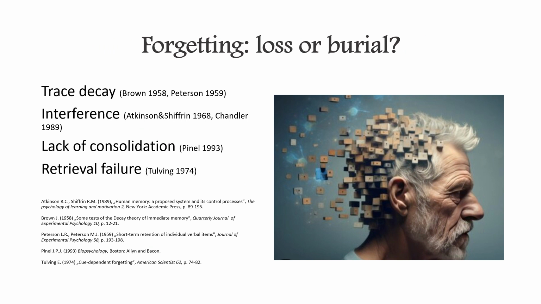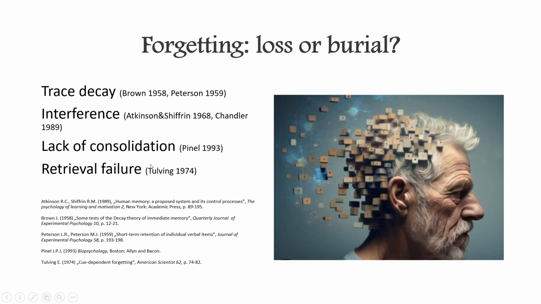But we forget things. There have been different theories. You can have a look; I have just selected four. Trace decay said that it just disappears from the brain. I personally don't believe things disappear from the brain, but they are harder to access, or sometimes almost impossible to access. There may be interferences, so new content may be similar to some more recently learned content, and you will confuse things.